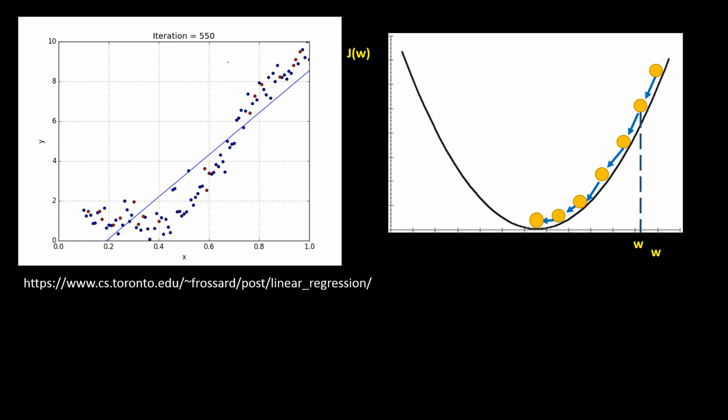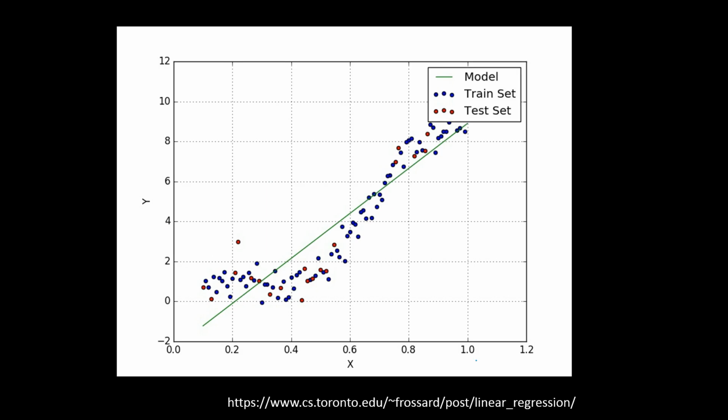This best line over 800 iterations is due to the best value of W here. Okay. So once trained, we get the final model as this line, and given any new x, based on the formula, we can predict any new value of y.